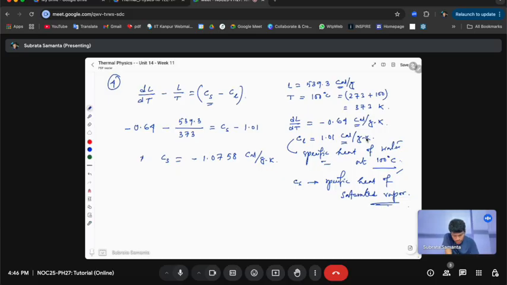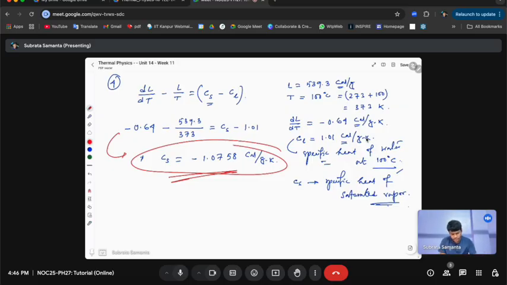So this is basically the specific heat of saturated vapor. Please cross check the answers. Use your calculator, calculate this, and check these answers. So minus 1.0758. Let's check the options.